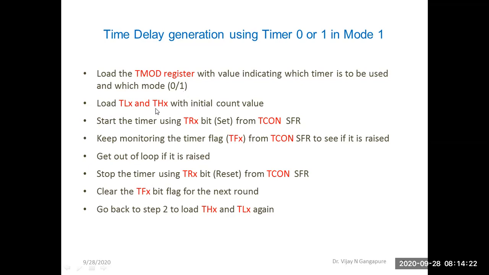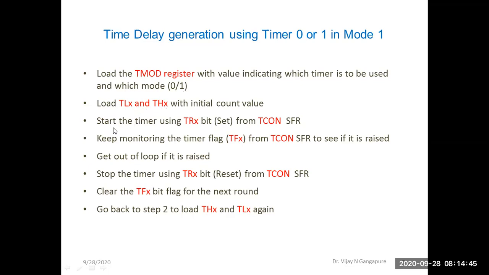Then load initial count value that is calculated for a desired time delay in TLX and THX, means either TL0 and TH0 or TL1 and TH1, depending on which timer, timer 0 or timer 1, you are going to employ to generate this time delay.